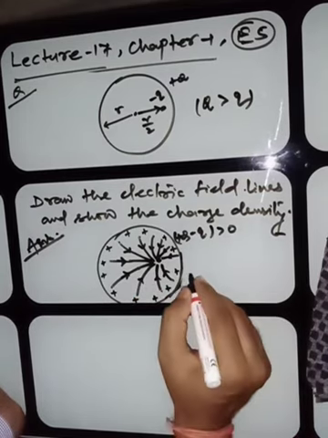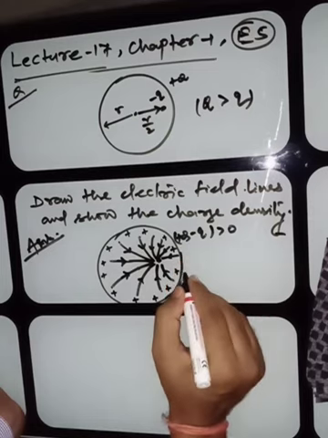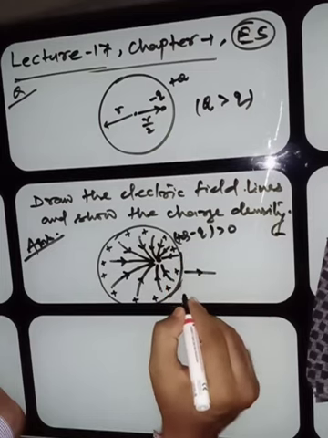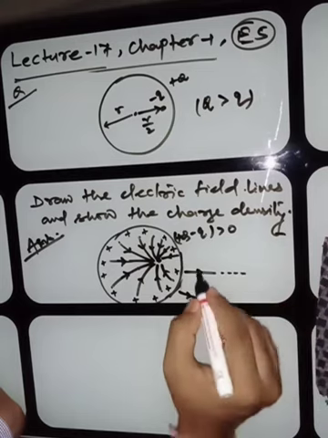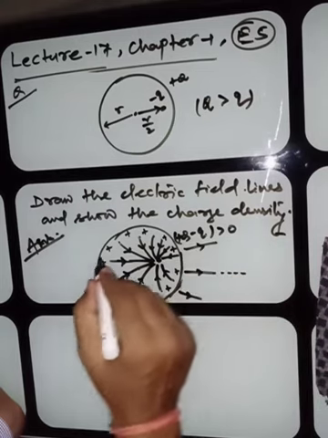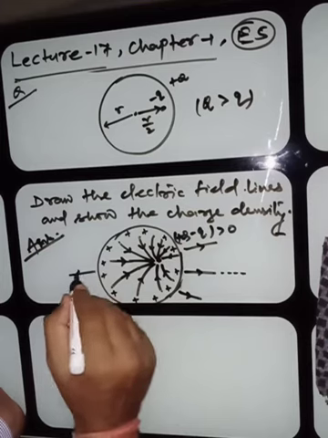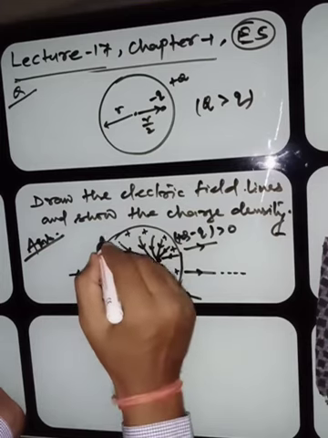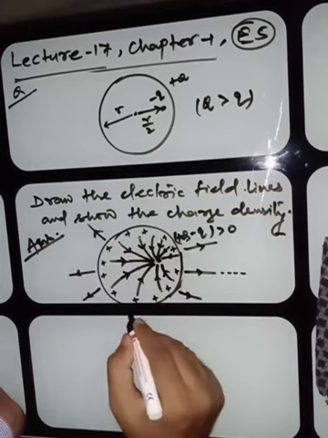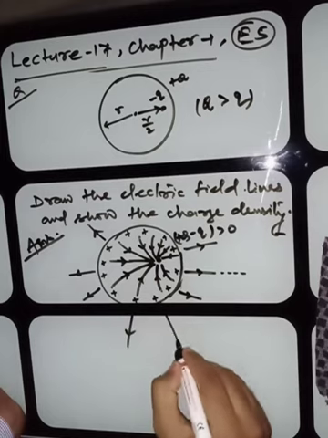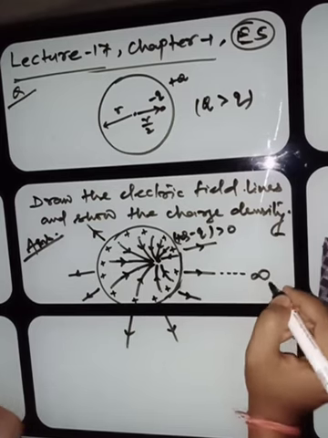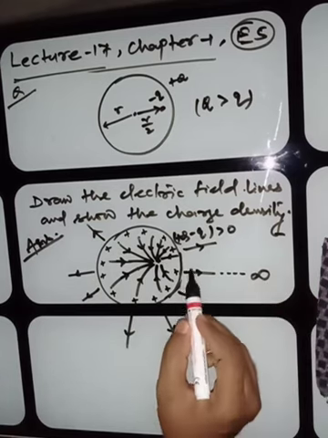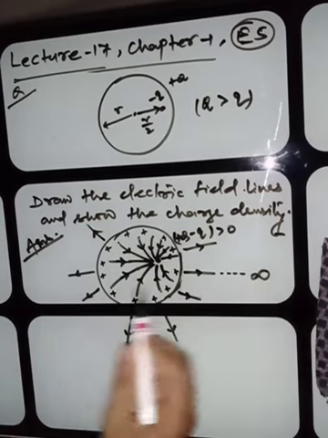Outside the conductor, you can also draw the diagram. Since it is positive again, the field lines will be outward. And where are these going? Can any student tell me where these lines are going? Nice, it is going to infinity, so everywhere it is perpendicular and the field lines are straight.